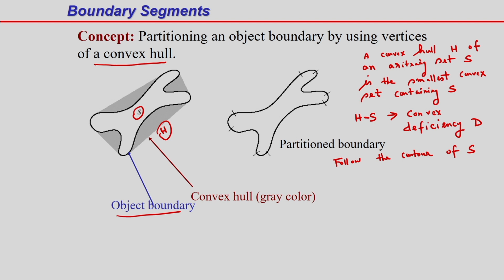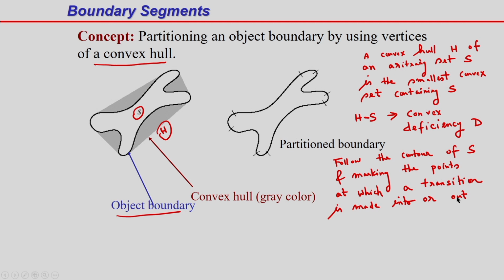Follow the contour of S and mark the points at which a transition is made into or out of a component of the convex deficiency. So I have to mark the points; that is how to partition the boundary.